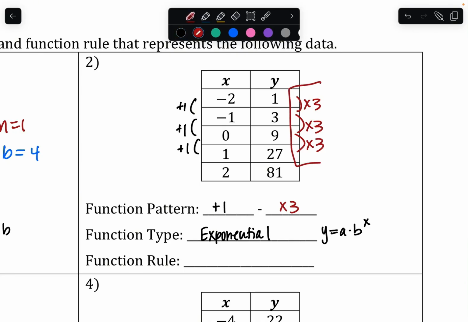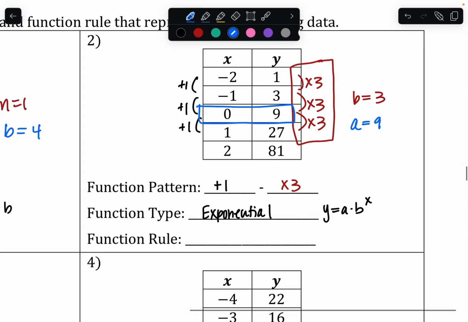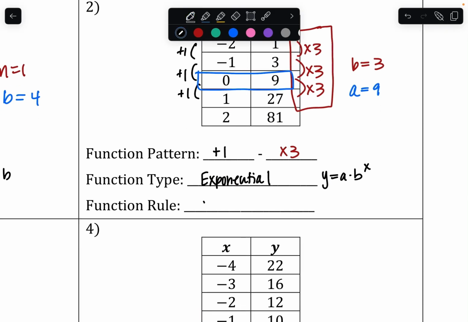So we can already see, since this is perfectly exponential, that b is 3. And then a is our y-intercept. And so we can see a is 9. And so without running a regression, we could go ahead and write y equals 9 times 3 to the x.